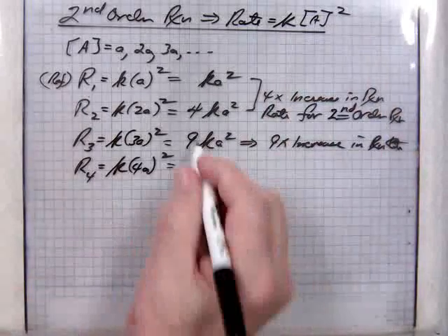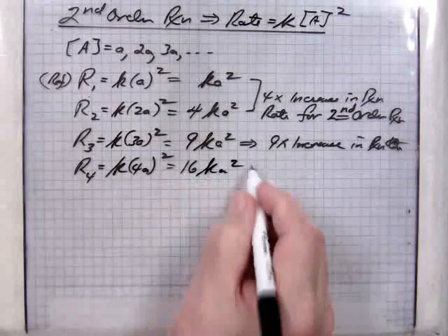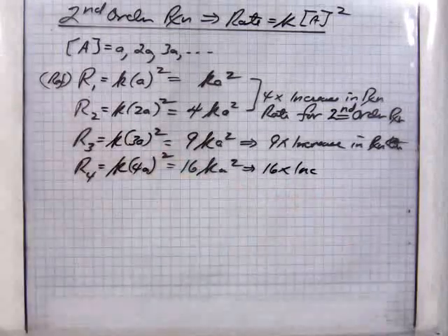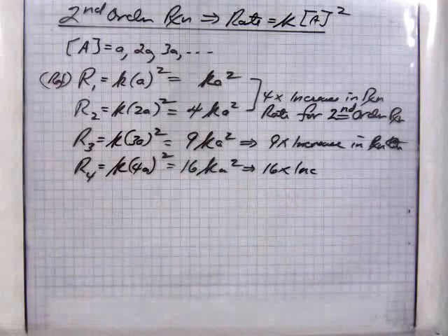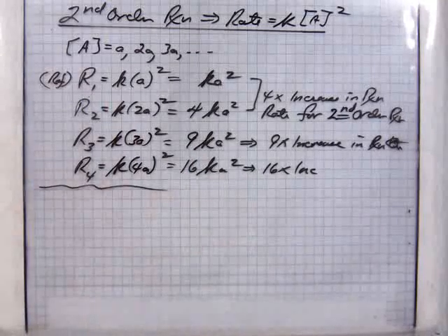And of course 16 K A squared is a 16 times increase in reaction rate. Now you won't see any higher orders of reaction, except to say, how do you get the overall order of reaction?